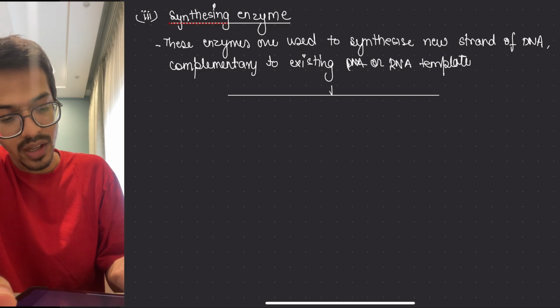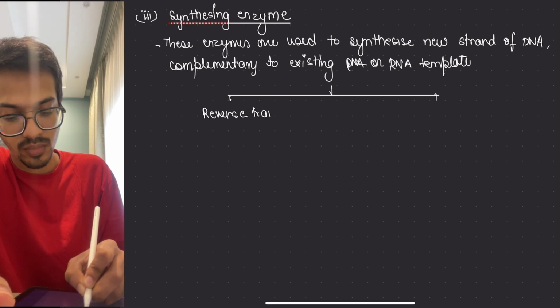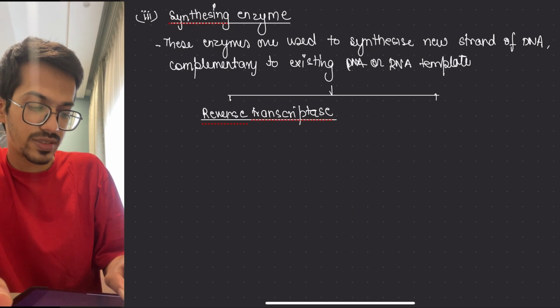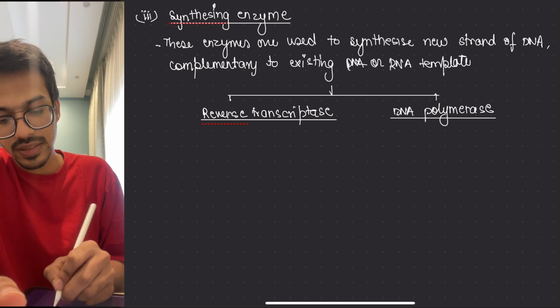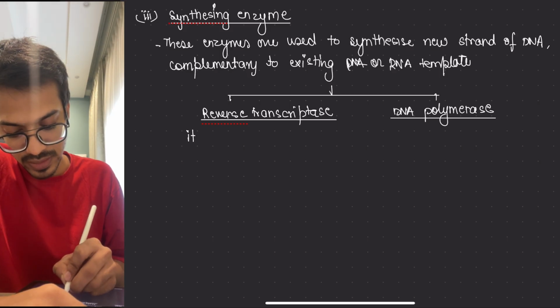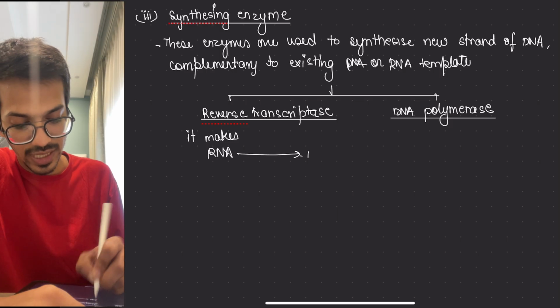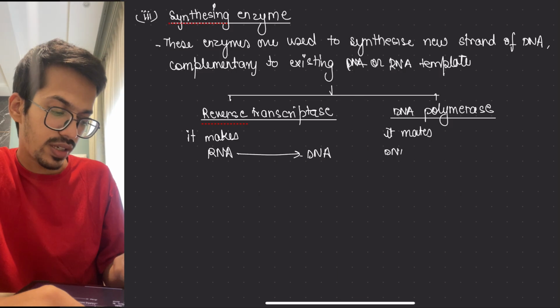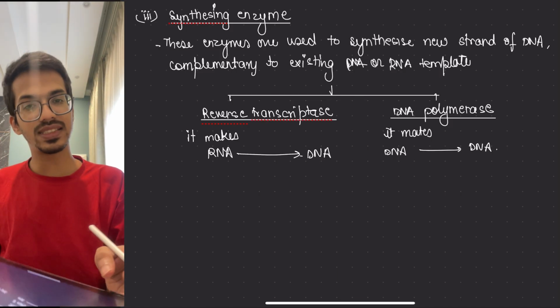One enzyme is reverse transcriptase, and another one is DNA polymerase. Reverse transcriptase makes DNA over an RNA template through this enzyme, and DNA polymerase makes DNA over DNA. That's it. So these are the synthesizing enzymes.